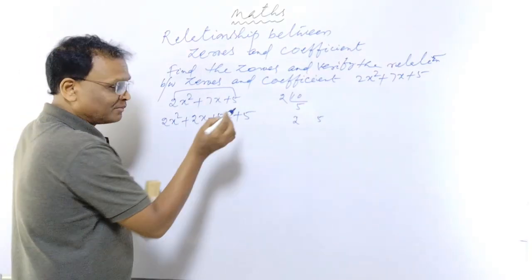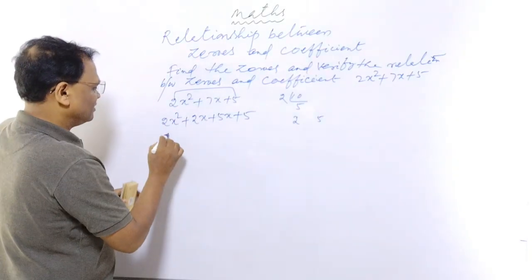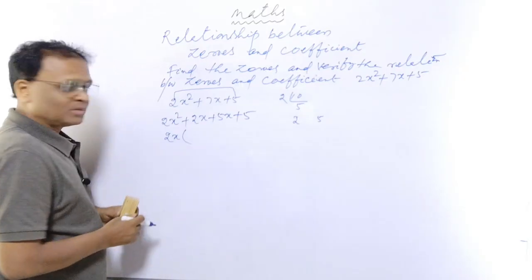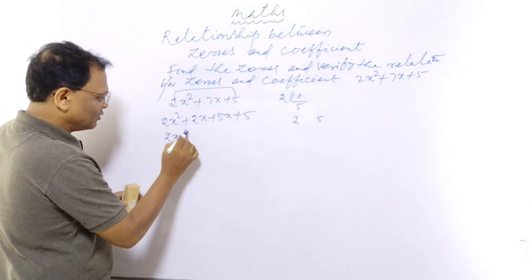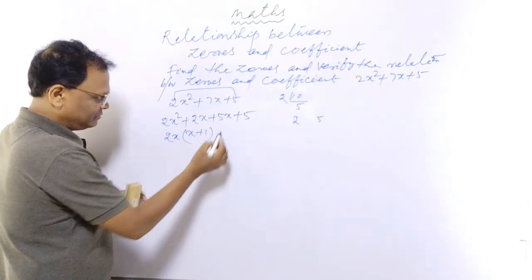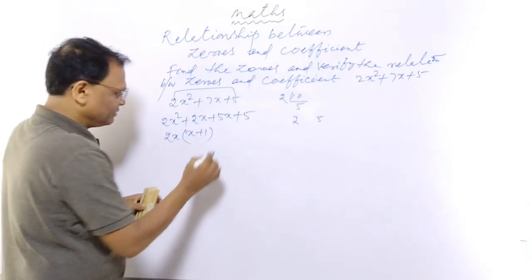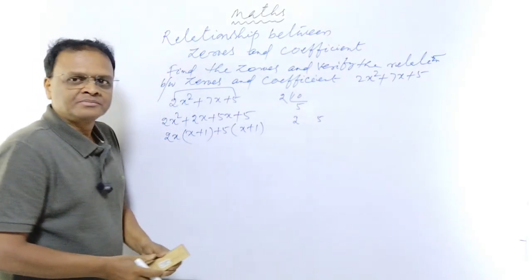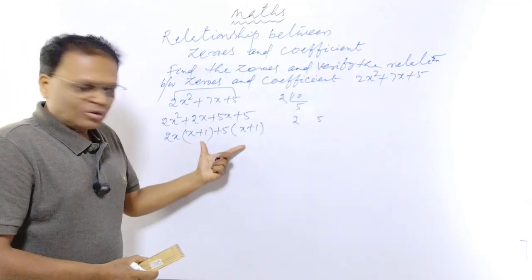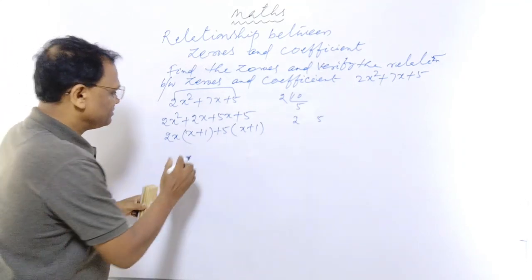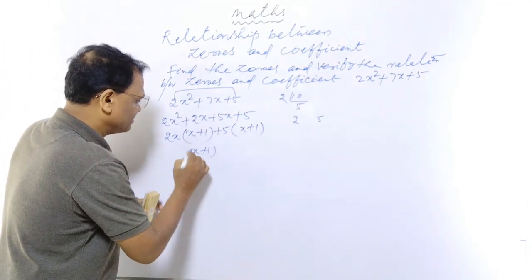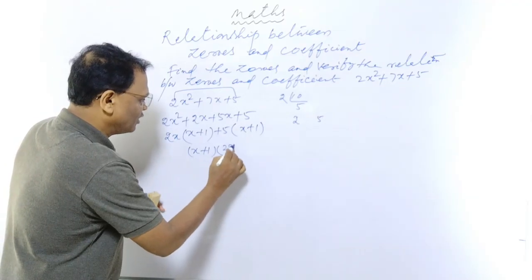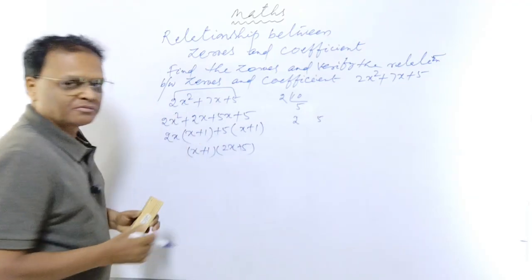Now I am finding the zeros. The common is 2x. In this I can take the common 2x, x plus 1. Here I can take the common 5. Again I am getting x plus 1. So the common is x plus 1, x plus 1 into 2x plus 5.